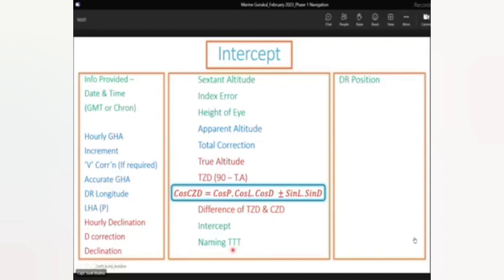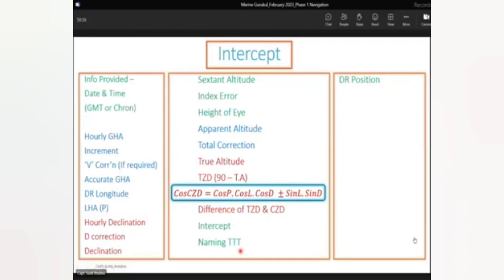That means if the true zenith distance is tiny, tiny means smaller than the calculated zenith distance, the intercept will be towards, and vice versa. So if the true zenith distance is tiny, intercept will be towards. If the true zenith distance is not tiny, the intercept will be away. So this is how we name the intercept.